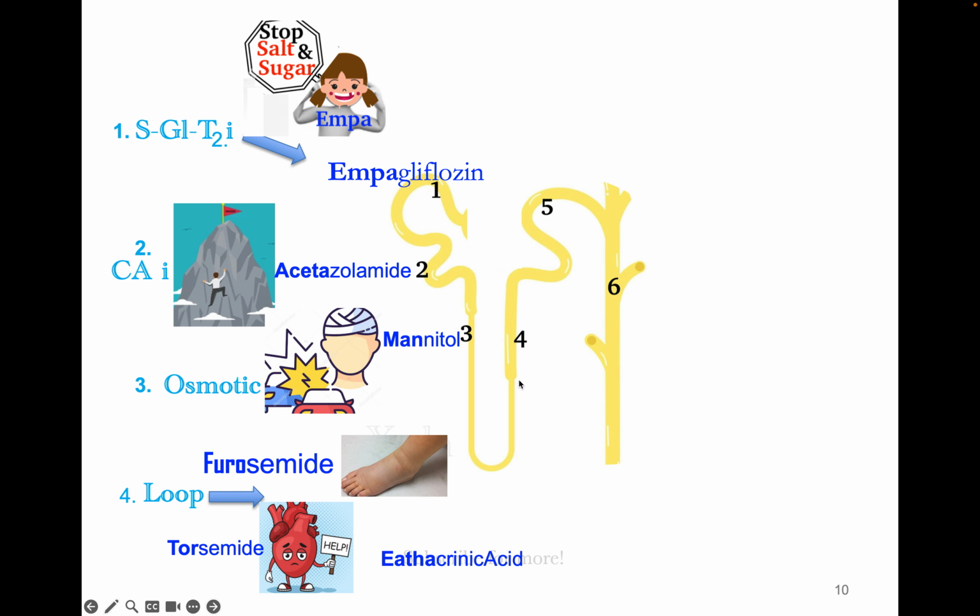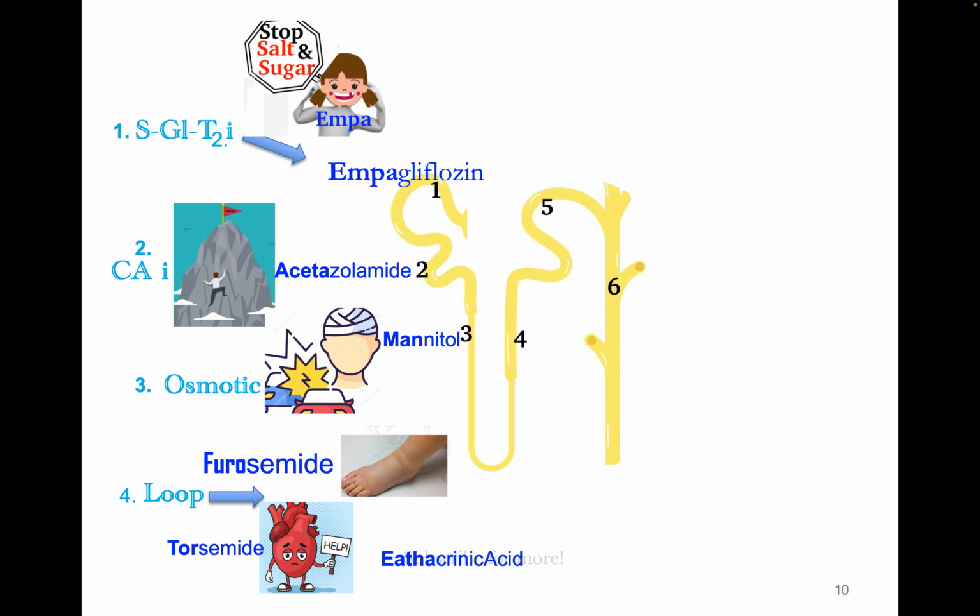Ethacrynic acid can easily distribute into my inner ear and block in exactly the same way. It will block the sodium potassium chloride channels in the inner ear hair cells. Therefore hearing problems can occur. Understand, ototoxicity is severe with this drug because of the unique structure. It can easily diffuse into the ear. The other drugs diffuse slowly.